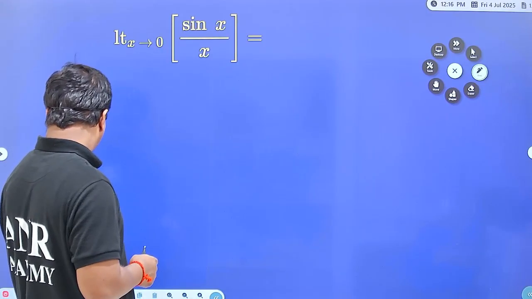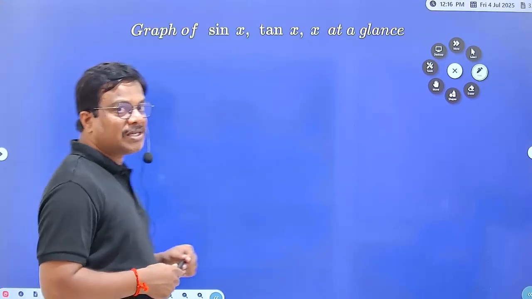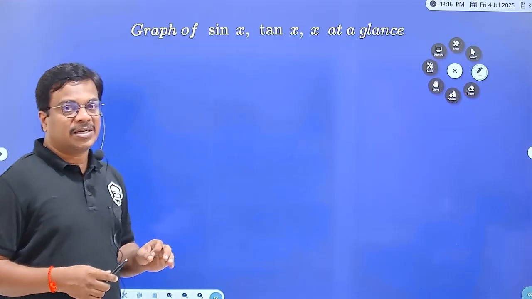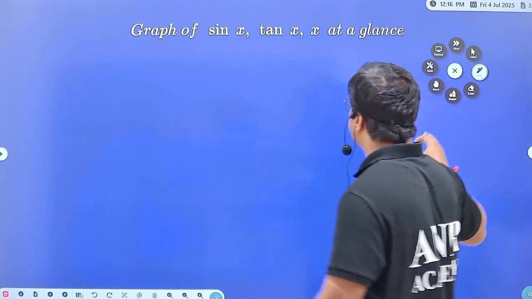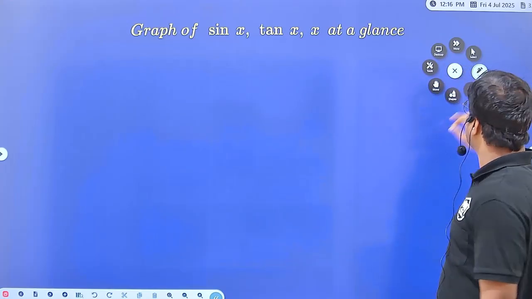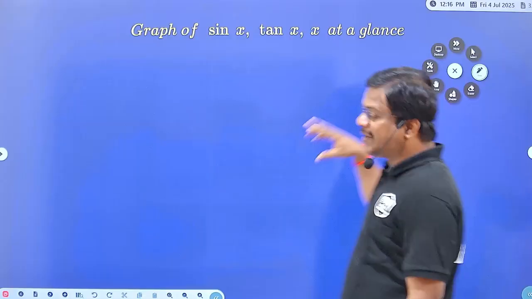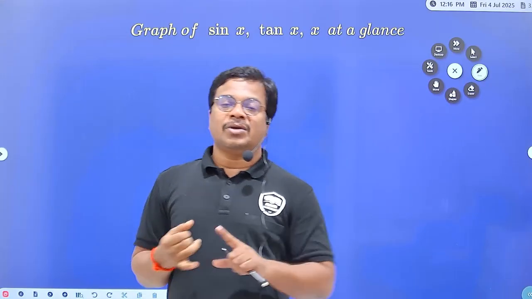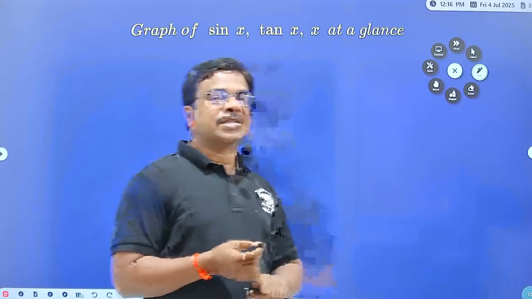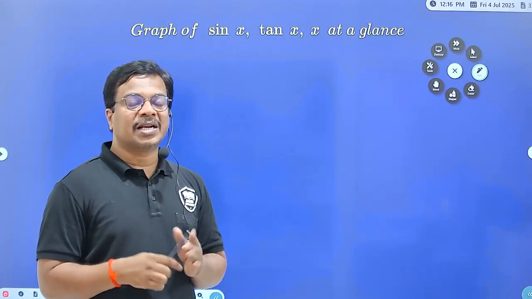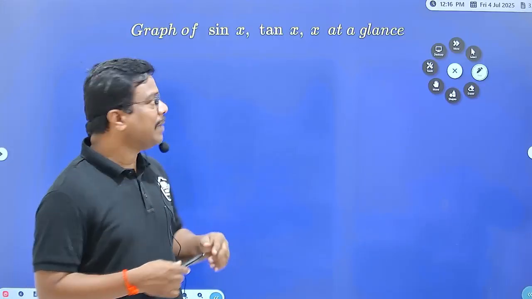Before going to discuss the limit of these two functions, let us select the graphs of sin x, tan x, and x in the Cartesian coordinate system. After drawing all these in one Cartesian coordinate system, let us observe the relation between these three functions and then go for the limit value.